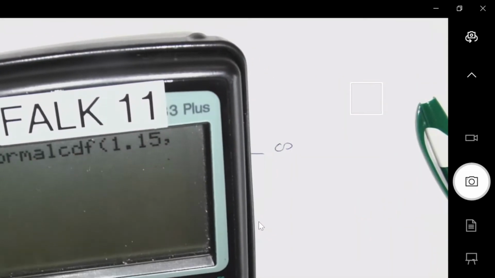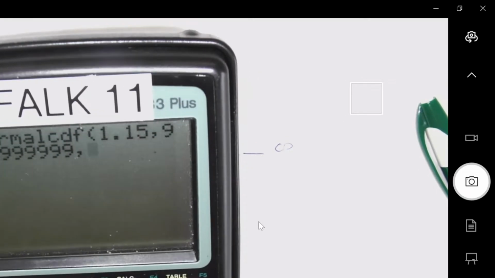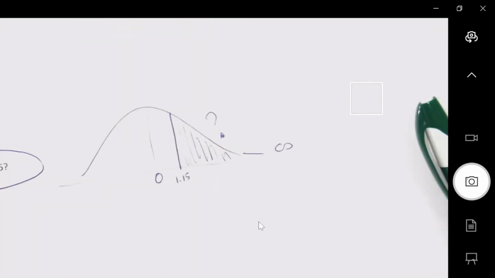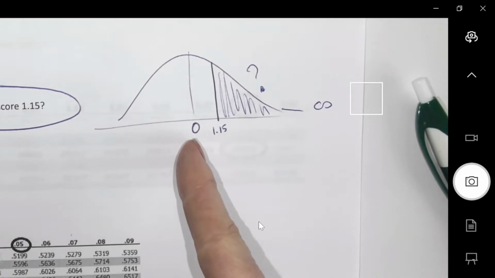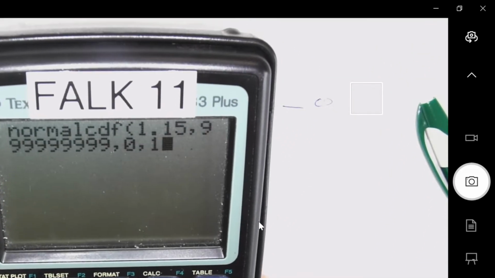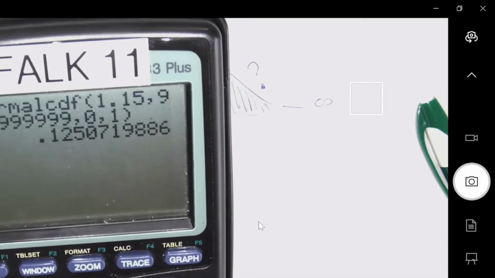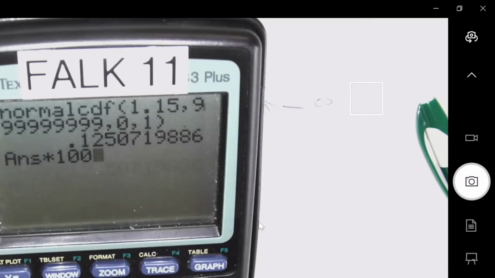So, comma, 9999999, comma. What's the middle? What's the mean? 0, comma, what's the standard? 1. And then I'm going to just times by 100 quickly.